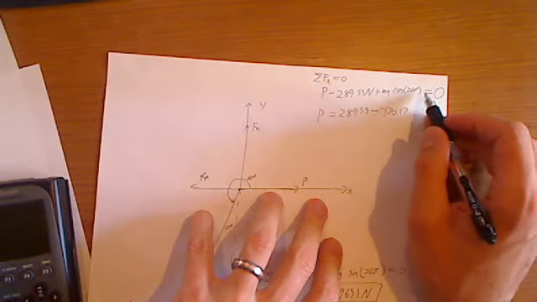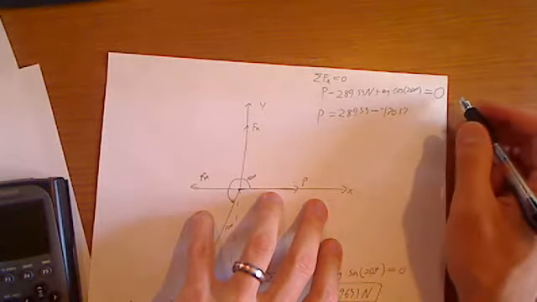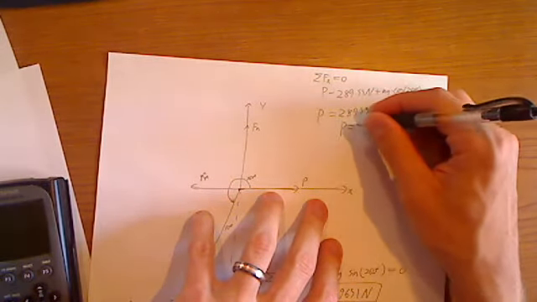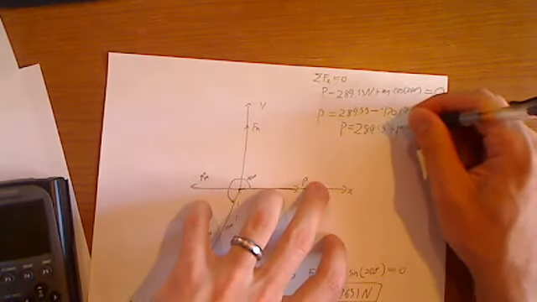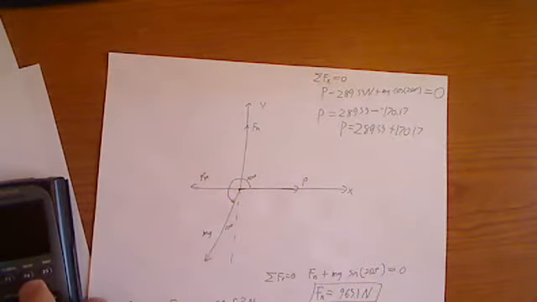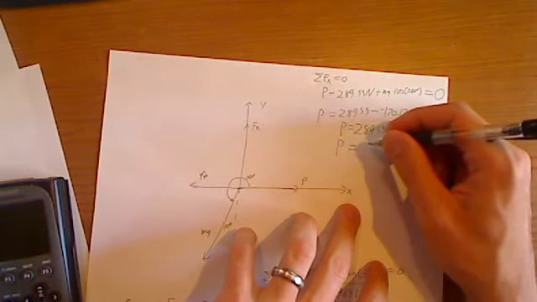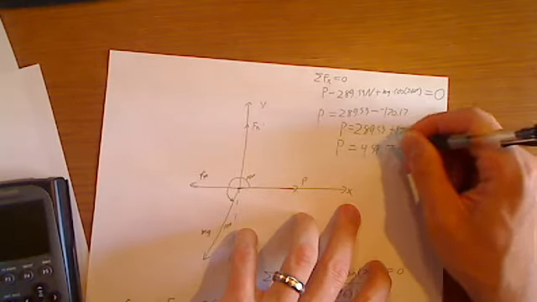Mg times cosine of 260 is minus 170. So when you move that to the other side, you have minus a minus, which is a plus. So 289.53 plus 170.17. The final answer is P equals 459.7 newtons.